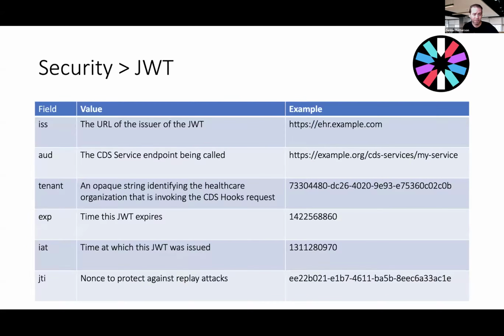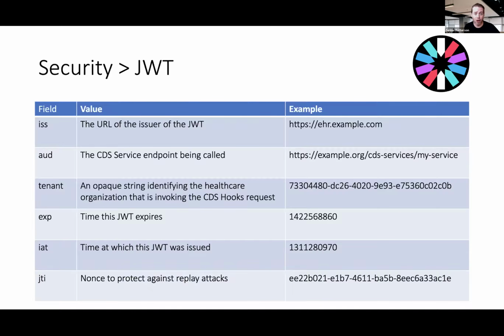So in that payload, there's an issuer field. This is going to be a URL to identify the identity of the CDS client. So it might identify the EHR. There's an audience field to identify the intended recipient of this token, the URL to the CDS service. There's a tenant field.